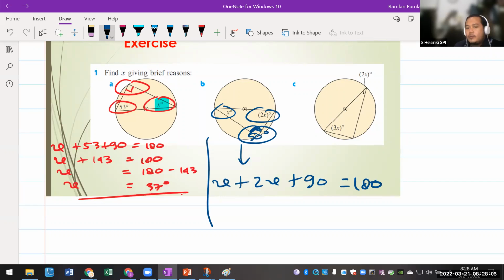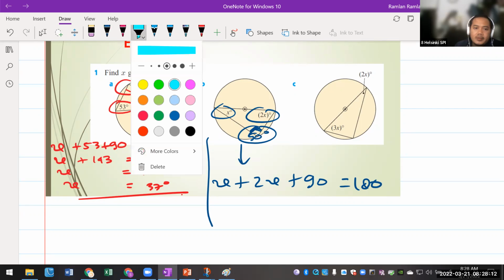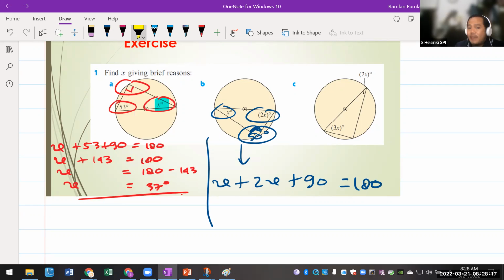Okay, so for those of you who are still struggling with the algebra, please follow my lead. The first thing that we need to see in algebra is letters that represent unknown values. So this is the x. We don't know the x yet, we want to find the value of x. So if you have x plus 2x plus 90, make sure that if you want to combine something with addition or subtraction in algebra, they have the same exact variables, the same letters.